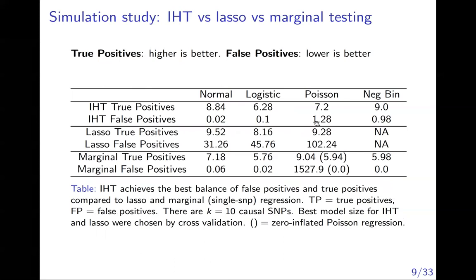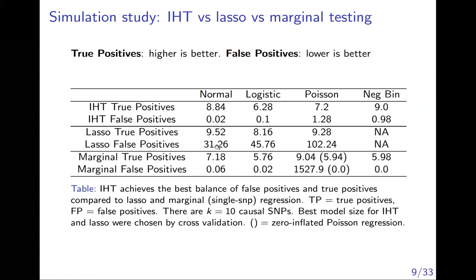So this is one of the main results of our first paper. We are comparing IHT to Lasso. This is the most popular sparse regression model. And then we compared also to the marginal testing, so the SNP by SNP p-value method. This is on simulated data. I guess the summary is that compared to IHT, Lasso has a lot of false positives.